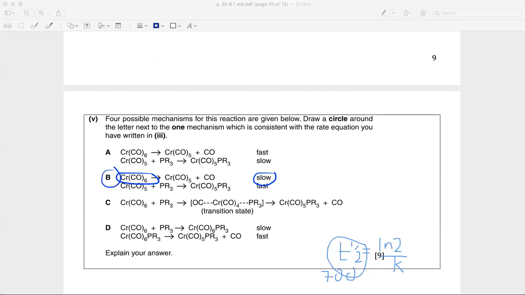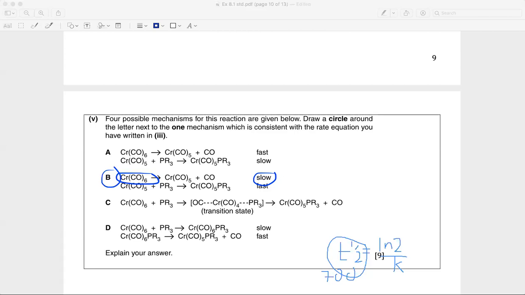Explain your answer. Mechanism B is consistent with the rate equation. Only CrCO6 is involved in the slow step. That's already your explanation.